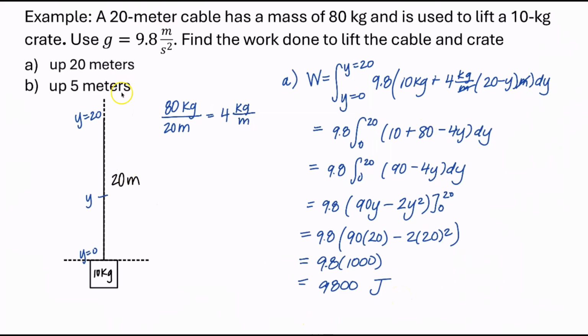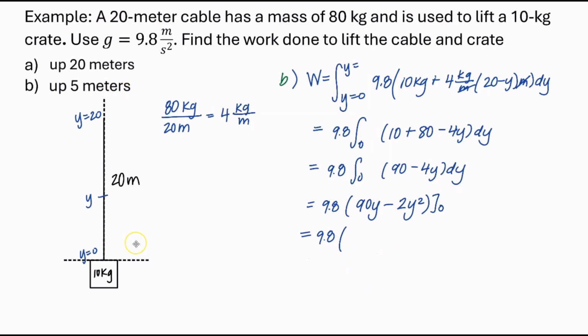Now let's take a look at part B. For part B, what's going to change is just the limits of integration. We are going to integrate from y equals 0 to y equals 5. So what we want to do is figure out the work done in lifting the cable up 5 meters. But if I lift the cable up 5 meters, I'm still lifting up all these parts here on top.